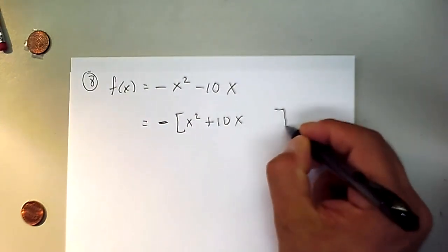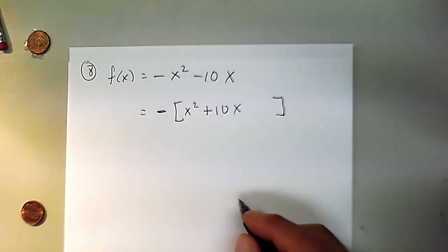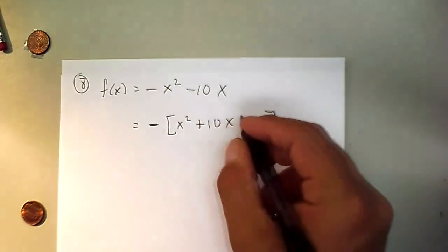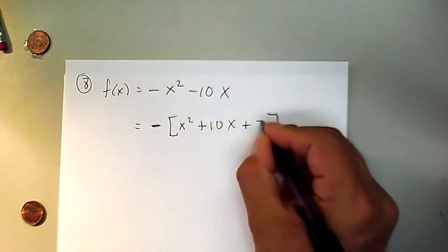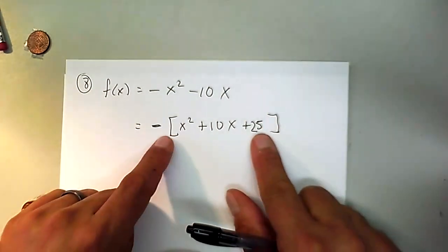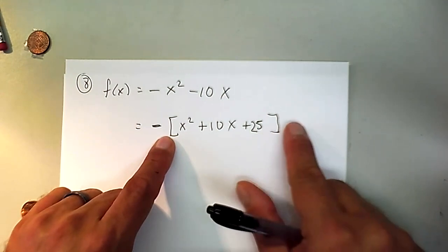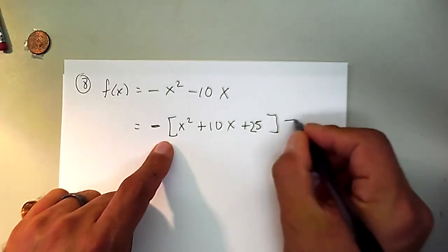Okay, this is tricky, guys. So you gotta pay close attention. How much do we add to complete the square? 25 as before. Whoops, I missed the 2. 25. All right. So you may be thinking, oh, subtract 25 and we are set. Kind of.